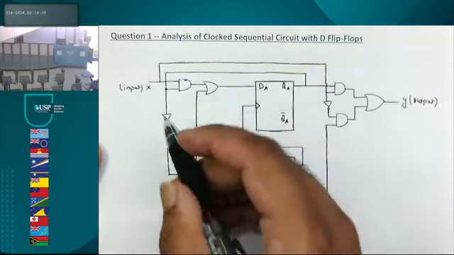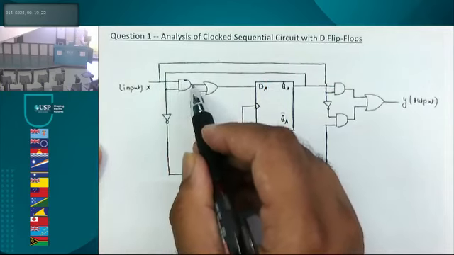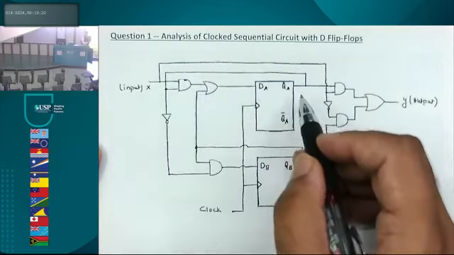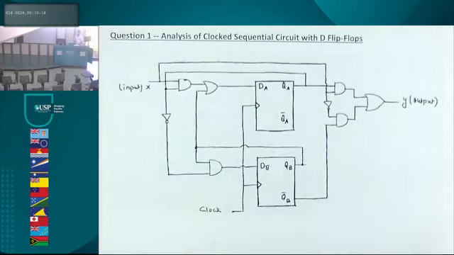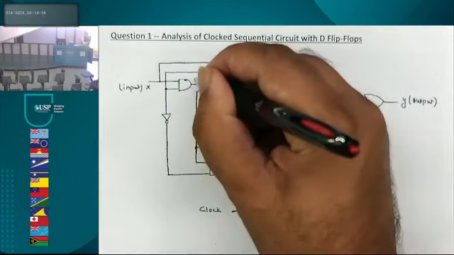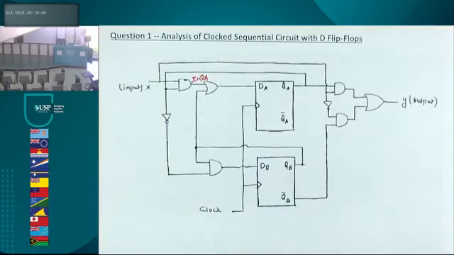So let's find the equation. What will DA equal to? If you go over here, that's X and QA, what do you have, guys? We have X and QA going into that OR gate.